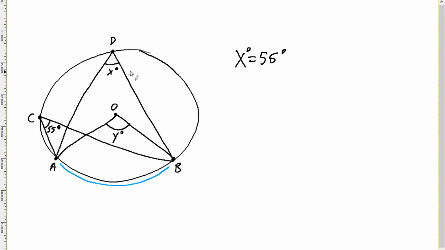If X is 55 degrees and it is subtended by the same arc as our central angle, then Y should equal twice as much. So 2 times 55 is 110. So Y equals 110 degrees. That's the logic behind that first example.